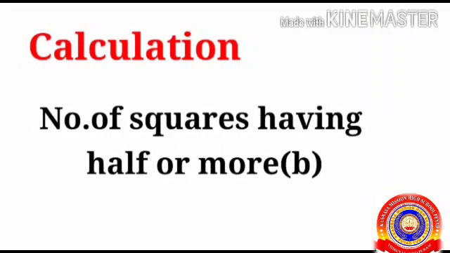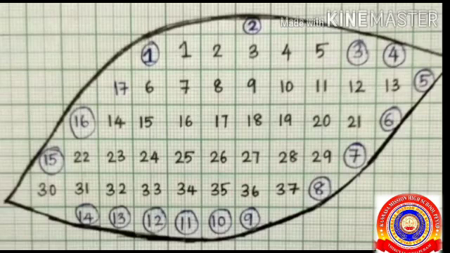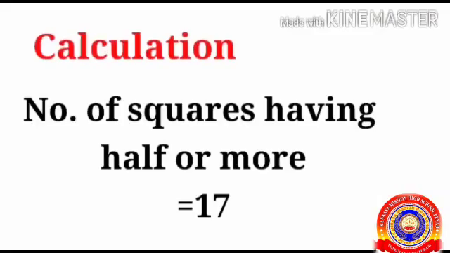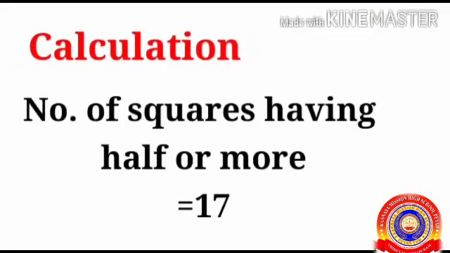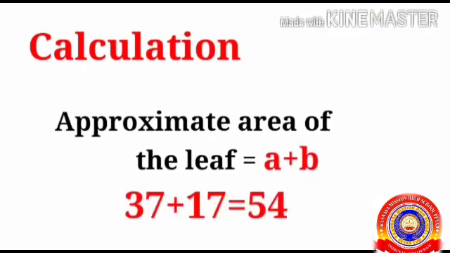Next, you have to find the number of squares having half or more. In this picture, you can see the number of squares having half or more is 17 and it is marked with a circle. It is considered as B. So the number of squares having half or more equals 17.